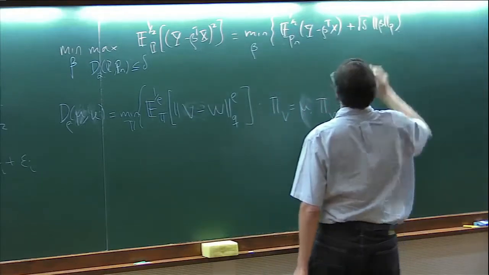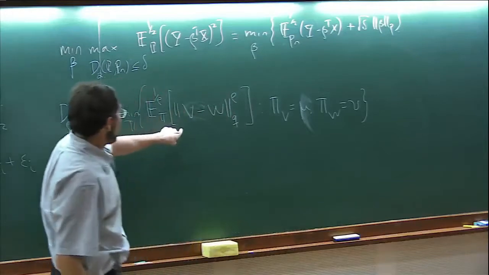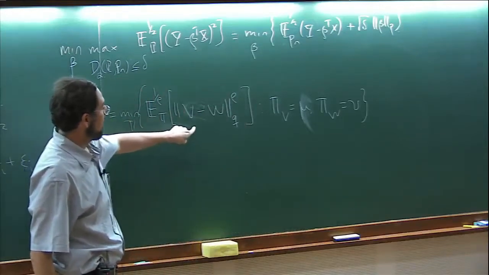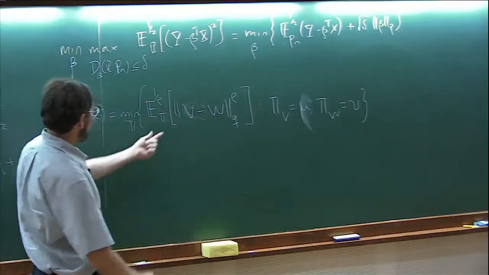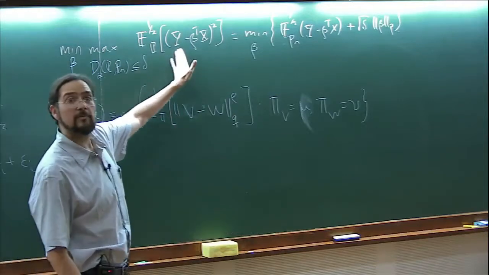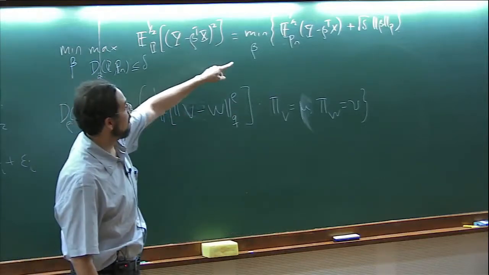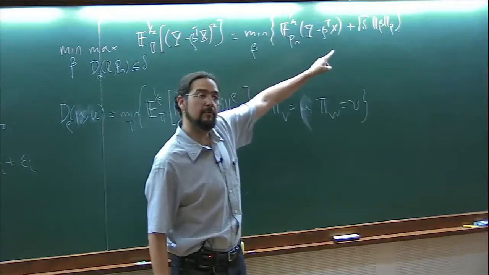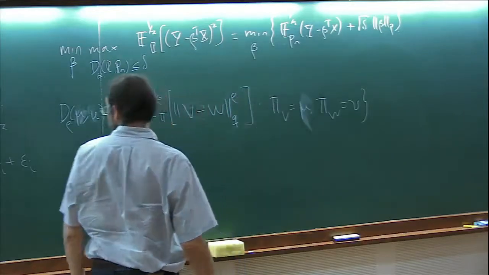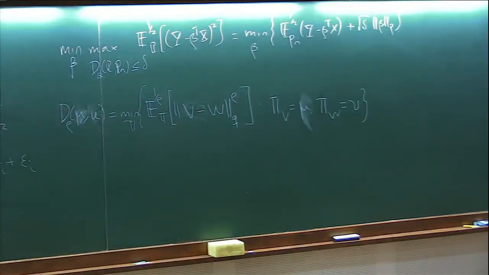Okay? If I select the cost function assigning infinite cost to transporting Y, so just transporting X, remember, we recover this type of estimator, right? And so this was one particular case.